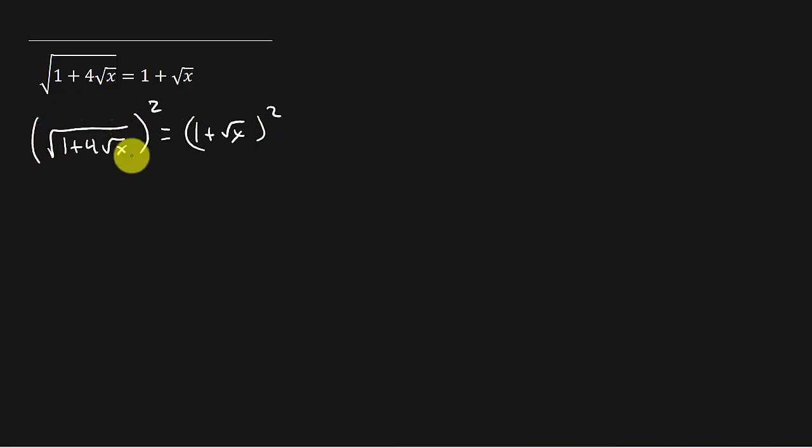Whenever we square the left-hand side, that's going to just leave us with 1 plus 4 square root of x. When you square a square root, you end up with what's underneath the square root. Now this one right here, we can actually come over to the side here and remember 1 plus square root of x squared is equal to 1 plus square root of x times 1 plus square root of x.